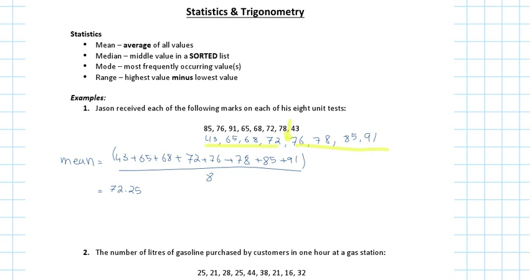It's like when you have 4 children, which one is your middle child? The two in the middle. So you add them up and average them, same as when you have an even number of items. To find my median, I add 72 plus 76 and divide by 2. 74.